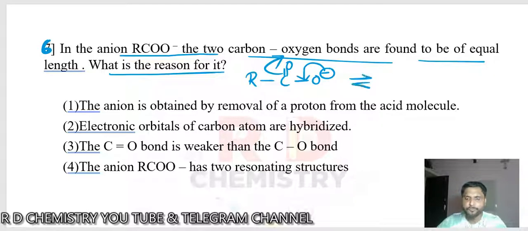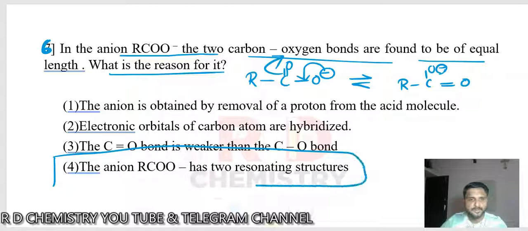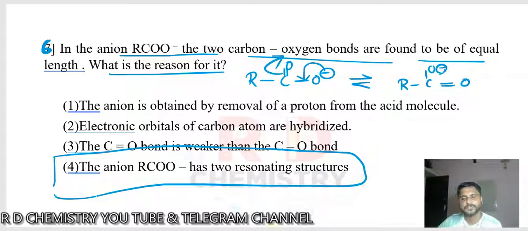Therefore, we are going to get one more structure, RC with O minus and double bond O. Now, if you see, in both cases oxygen contains the negative charge. Correct? And these are similar structures, resonance structures, and they have the same bond length. Therefore, if you observe carefully, the answer is option number 4: the anion RCOO minus has 2 resonating structures that look the same. Fine?